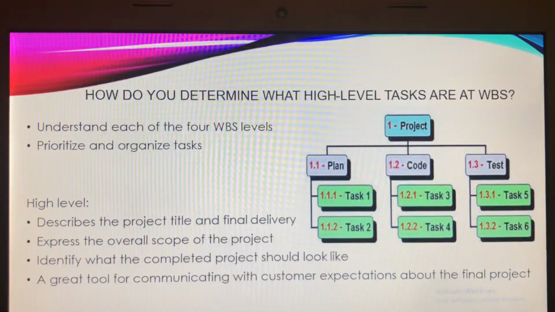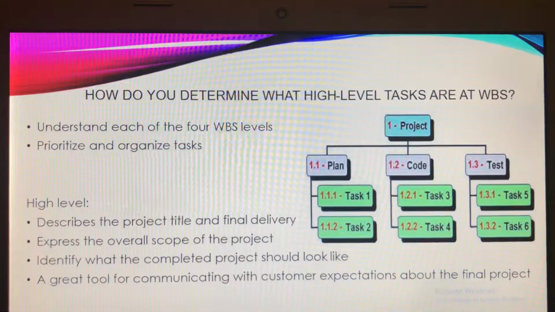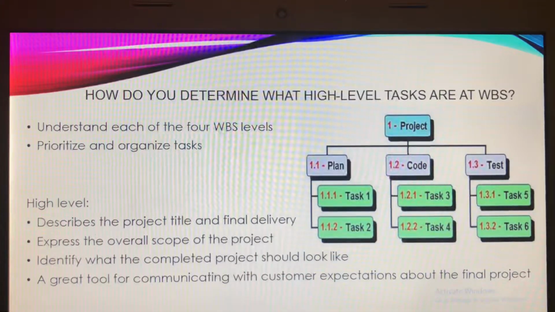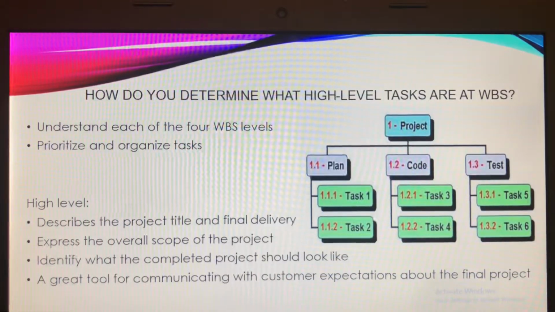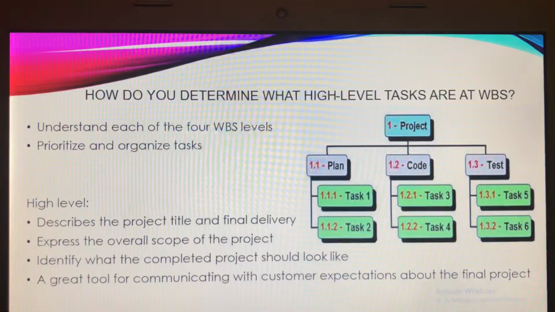How do you determine what the high-level tasks are in WBS? To create an effective WBS, it is important to understand each of the four levels of WBS. Project managers use these levels to prioritize or organize tasks based on what needs to be completed first to complete the final project.